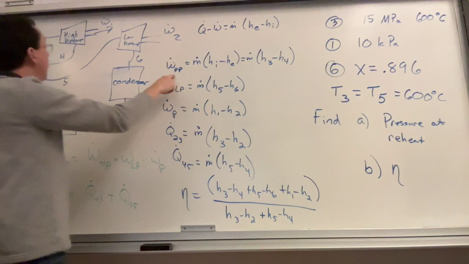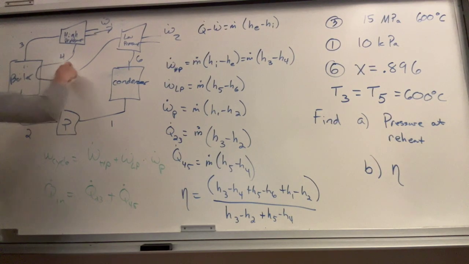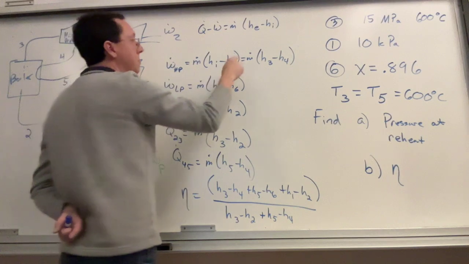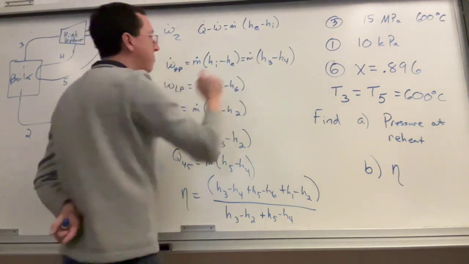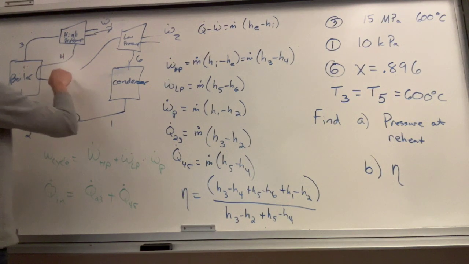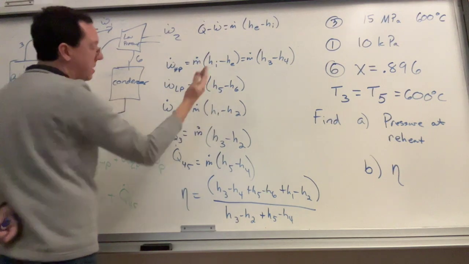And so I look at my high pressure turbine and I see that the ingoing is state 3, the outgoing is state 4. So the high pressure power is going to be m dot times H3 minus H4. For the low pressure, that's going to be H5 minus H6 times m dot.